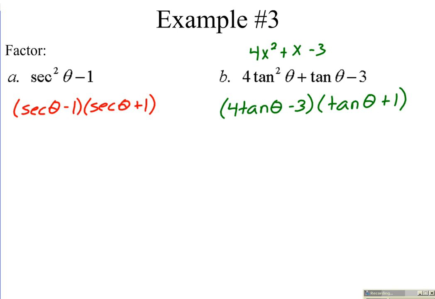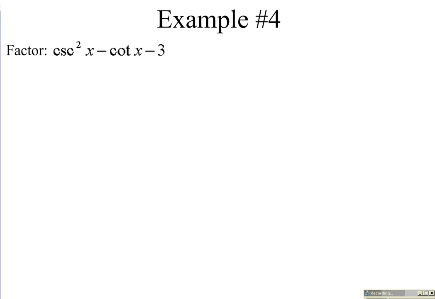Remember, once that's factored into the two binomials, if we were going to turn around and FOIL that back out, we better get back to the original trinomial. First times first has to equal 4 tangent squared. Negative 3 times 1 has to equal negative 3, and your outside and inside products have to add up to 1. 4 tangent minus 3 tangent does equal tangent.